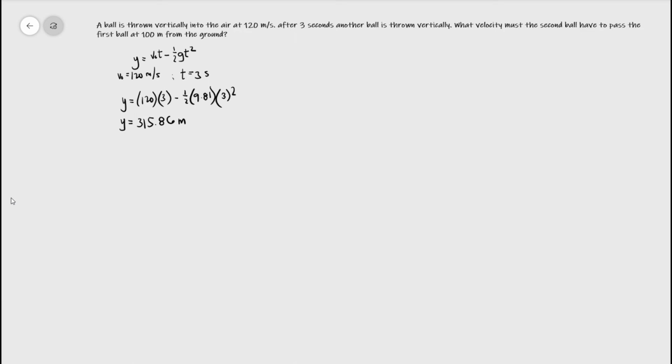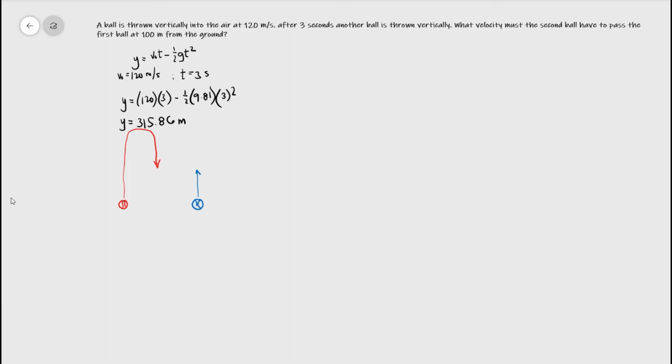Therefore, let me draw this problem. Let's say this is our first ball. This is the ball traveling upward, then at a certain point it reaches a maximum height, then it falls downward. Then this is my second ball, and it is traveling upward.